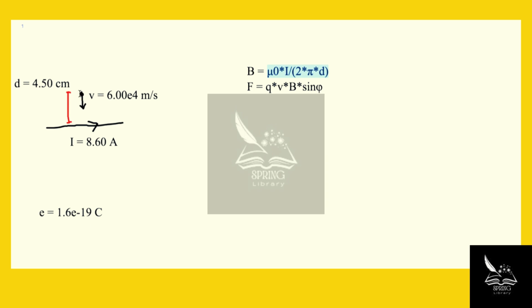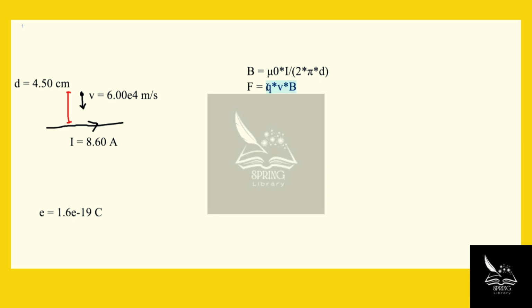So the direction of the magnetic field caused by this wire is out of the page, and that means it's completely perpendicular to the velocity here. So the angle between the magnetic field and the velocity, which is pointing straight down, is 90 degrees. So this sine of 90 degrees is just equal to 1. We can just ignore that term for now.